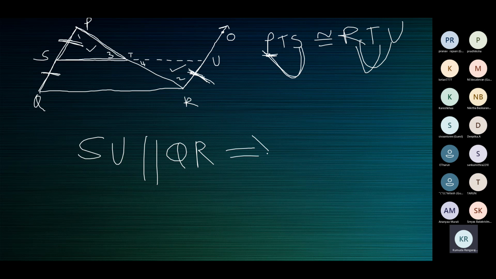This implies SU is parallel to QR. Because SU is parallel to QR, a part of SU, that is ST, will also be parallel to QR. Now we have to show that ST is equal to half of QR.